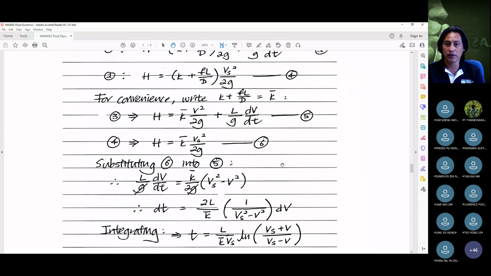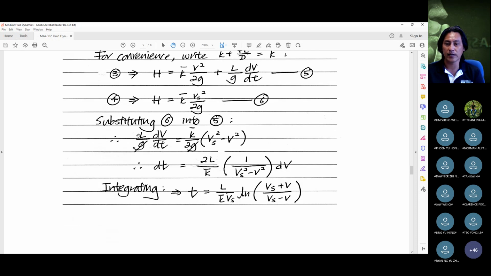Since these two H are the same, I can equate them, or substitute equation 6 into equation 5. It's the same thing, and I can start to simplify. After simplifying, I can rearrange the terms such that I get dt on the left-hand side and all the other terms on the right-hand side.